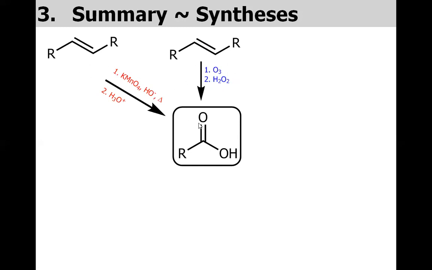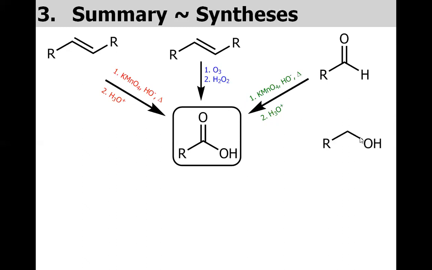They both will give us the same carboxylic acid. The third route is to oxidize the aldehyde to the carboxylic acid, or the primary alcohol to the carboxylic acid, using oxidizing agents such as potassium permanganate, silver oxide, or chromic acid, as we discussed.